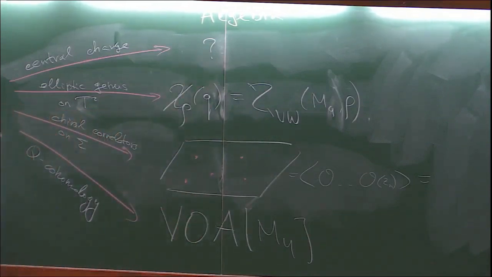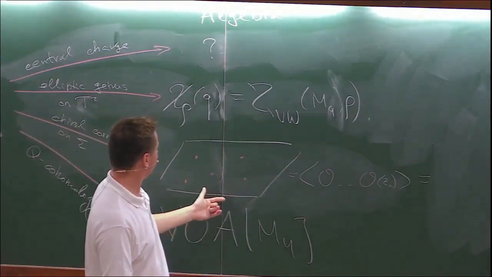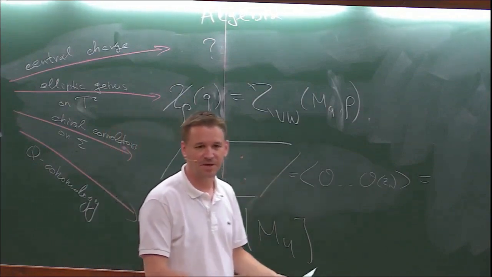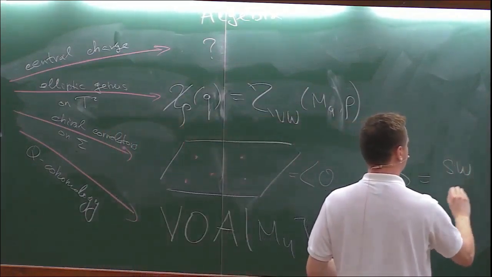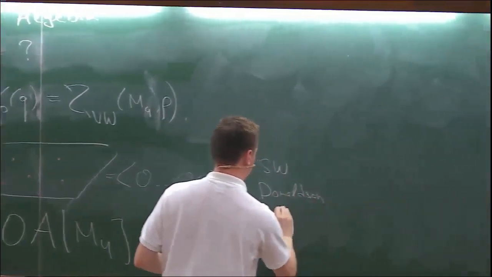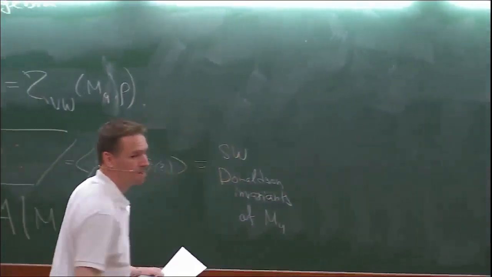It has to be some topological invariant of a four-manifold, but I'll say here that correlators of a particular type, there are many of them, but certain of them, encode Seiberg-Witten and Donaldson invariants of M4, of a four-manifold.